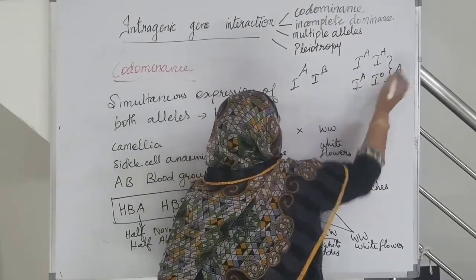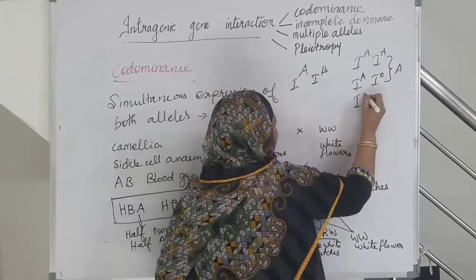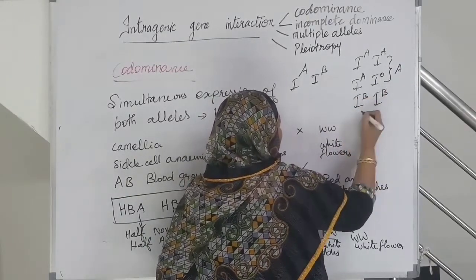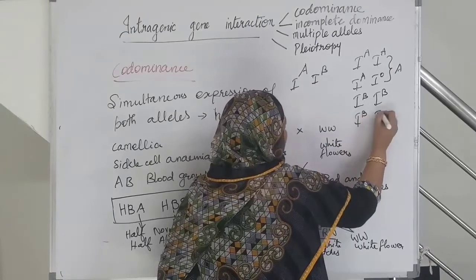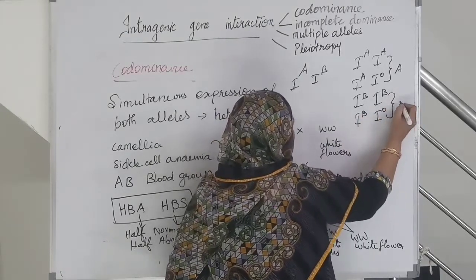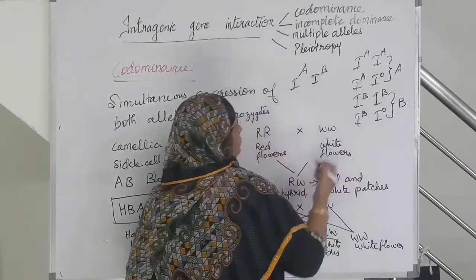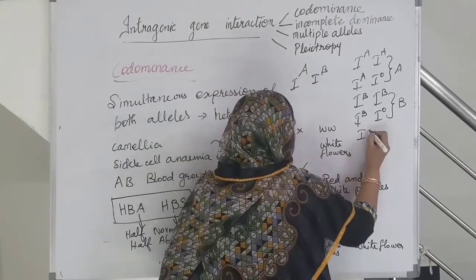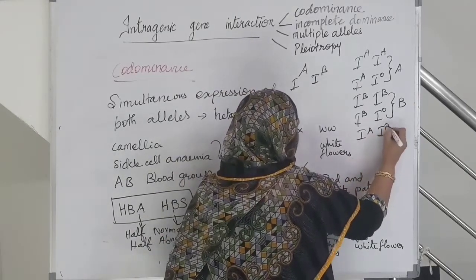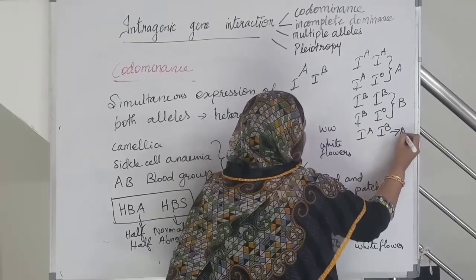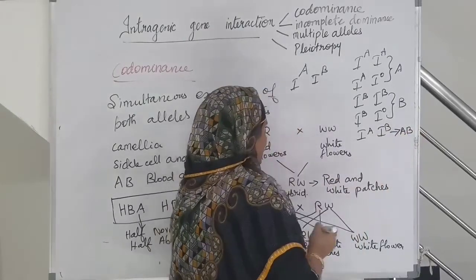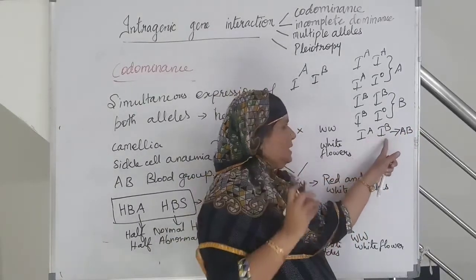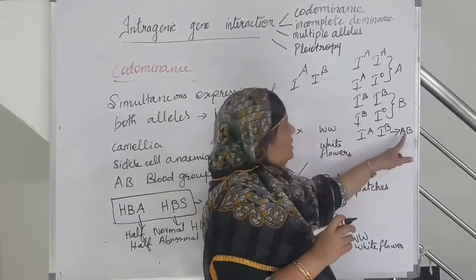Both will receive the A blood group. This both will receive the B blood group. If the genotype is like this, they will receive the AB blood group. Both this allele's and this allele's characters are expressed together.